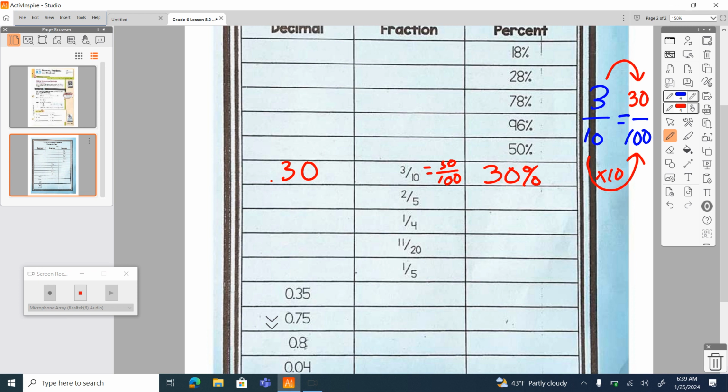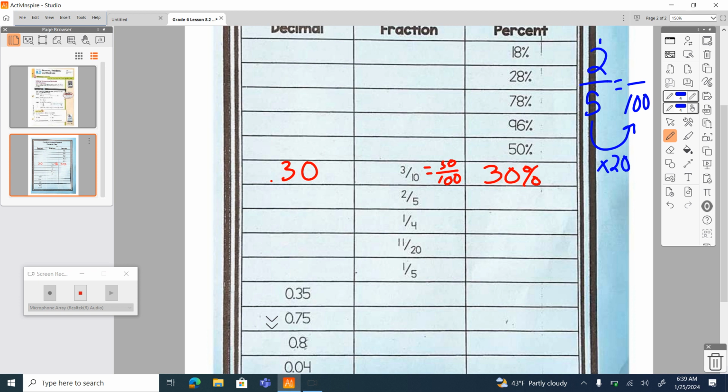Okay, let's erase this work here. Let's do the next problem. Let's say that 2/5 is equivalent to a fraction with 100 as the denominator. So I want you to start memorizing this if you can. It's 5 times 20 on the bottom.